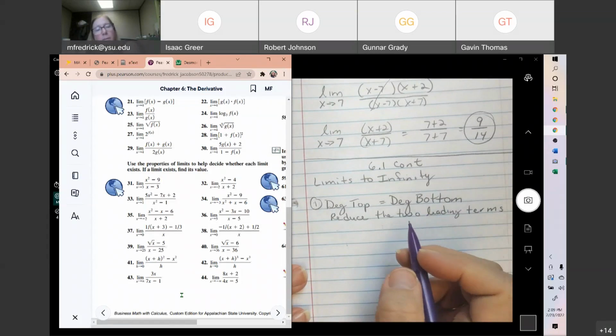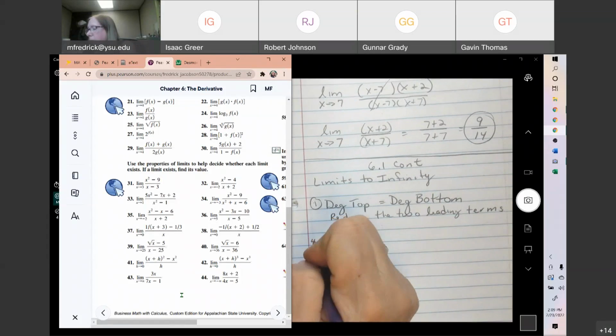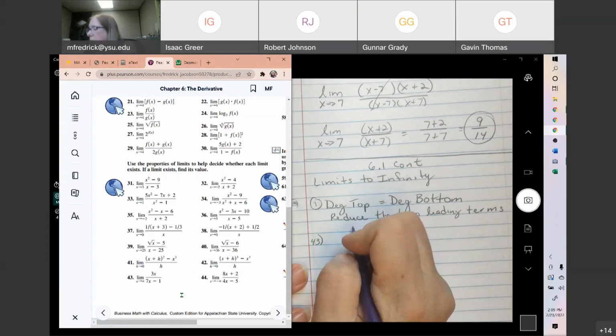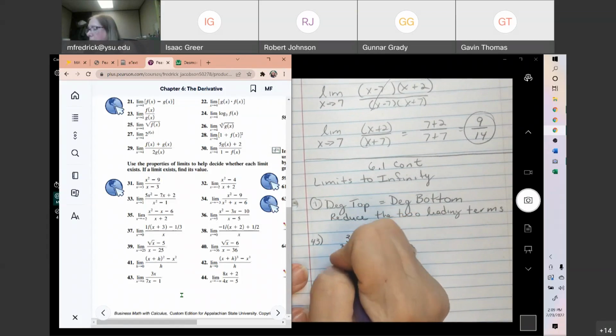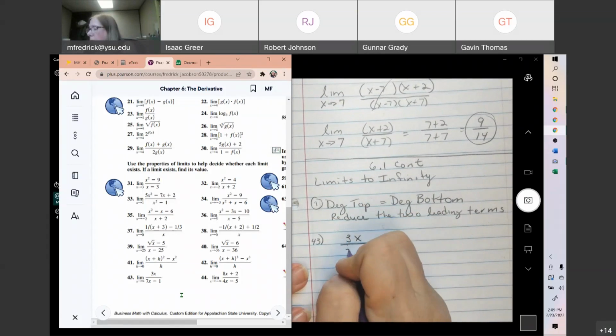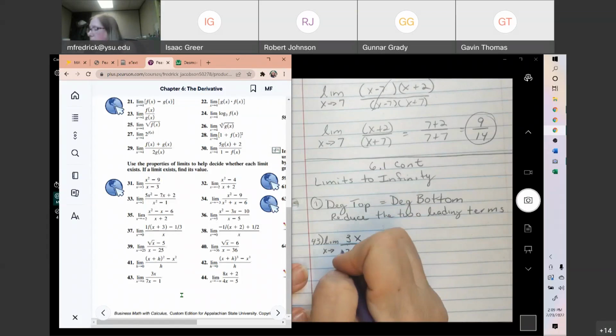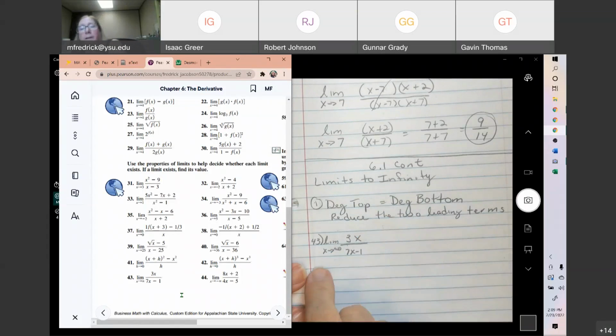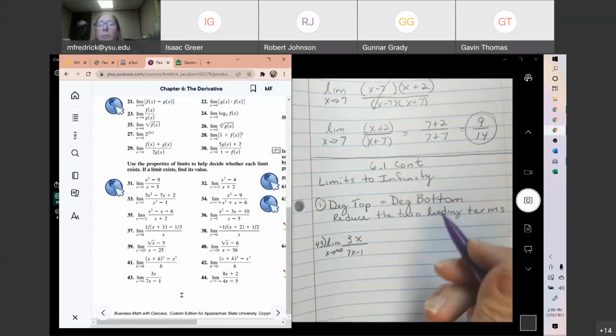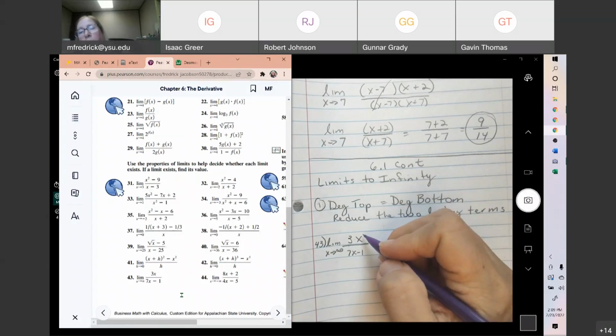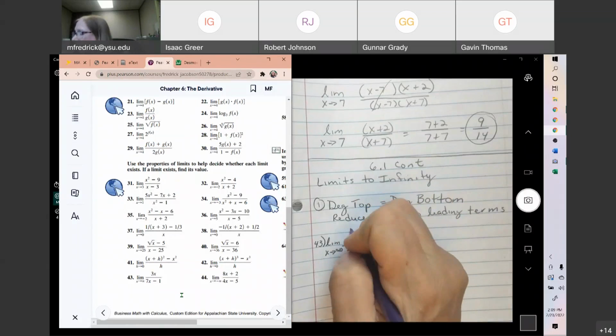Let's look at number 43. So we're finding the limit as x goes to infinity of 3x over 7x minus 1. The degree is your largest exponent. Remember, when there's no number, it's a 1. So the degree of the top is 1.